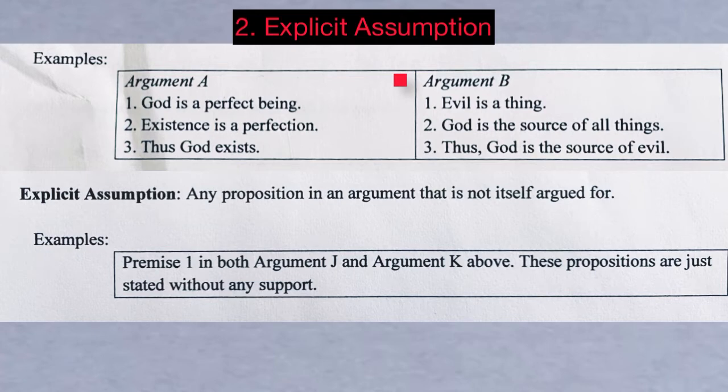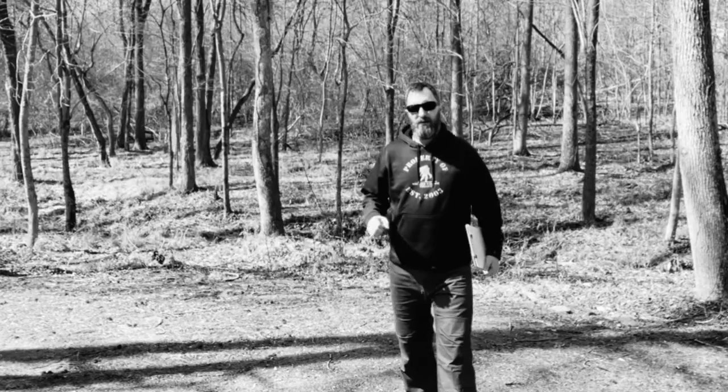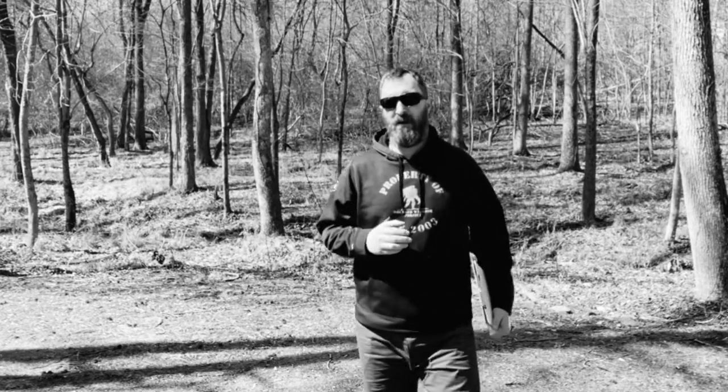And the same thing for 2. God is the source of all things. It's a statement in the argument, but what's the evidence for it? There's none offered. And in that sense, it's what we call, and we want to identify as, an explicit assumption, which again is a proposition in an argument that is not itself argued for. Okay, so we've talked about the notions of implicit and explicit assumptions.